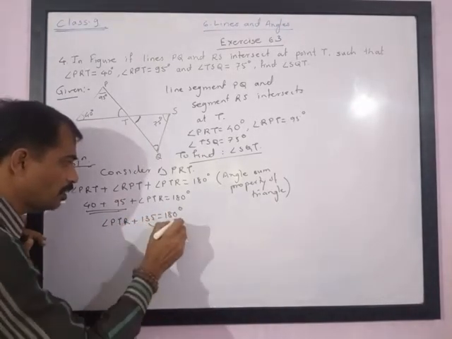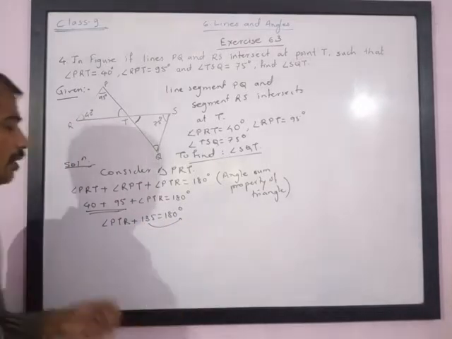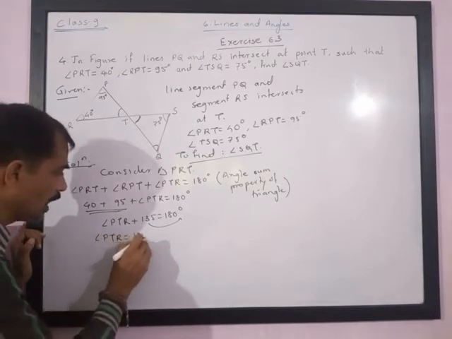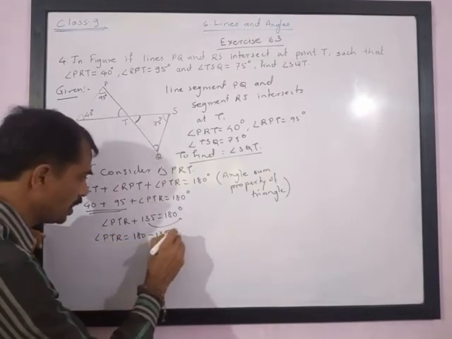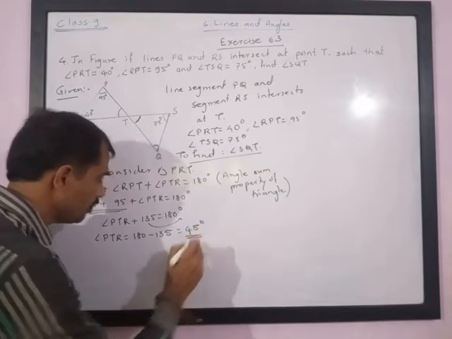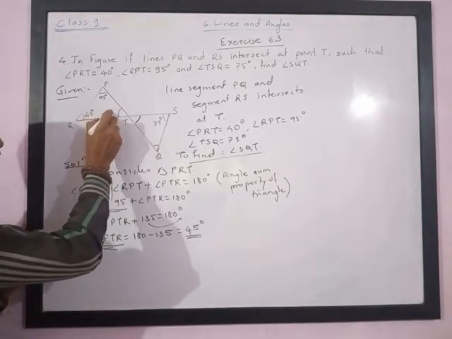If you transpose 135 to the other side, it is positive this side, so it will become negative. It means angle PTR is equal to 180 minus 135, that is equal to 45 degrees. We have got angle PTR is equal to 45 degrees.